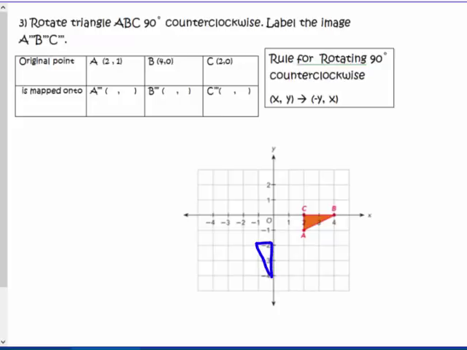You're just seeing mine one at a time because I had to change the smartboard each time. So here was the first image, and here was the second image, A double prime. So now A triple prime, 90 degrees counterclockwise.